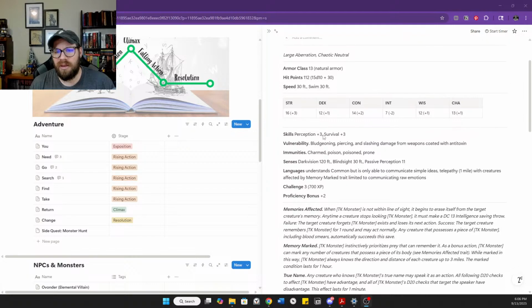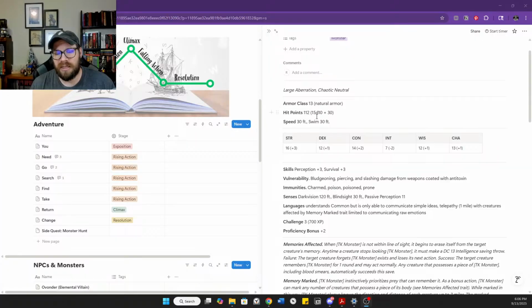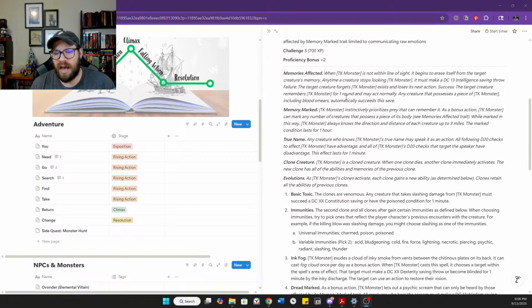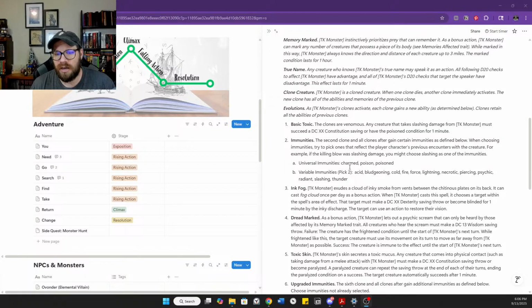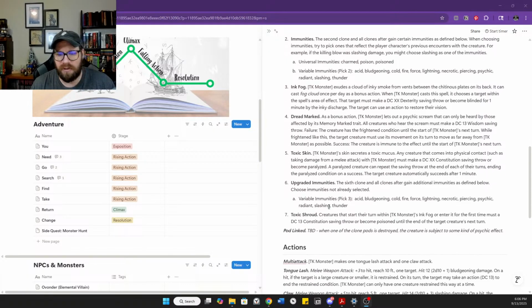Frankly, let me go ahead and share the screen over here. We've got all of the basics, all the things we would need to really run this creature. All of the hard bits: armor class, hit points, ability scores, all that kind of stuff. We've got a litany of traits for it, designing how it's going to advance and get stronger with every iteration.